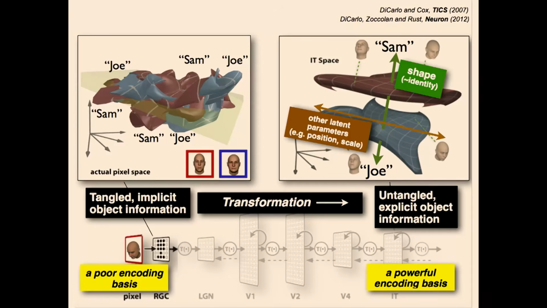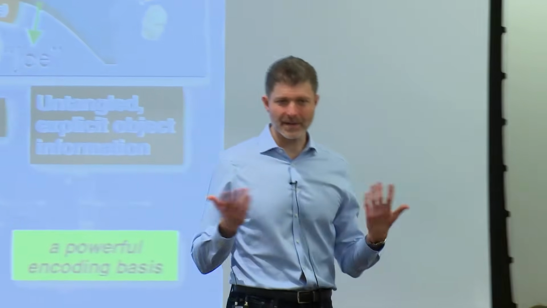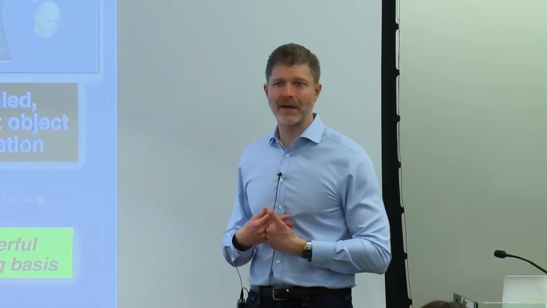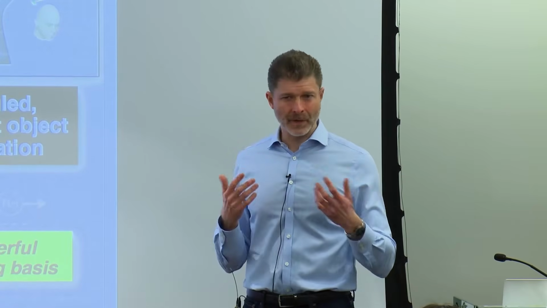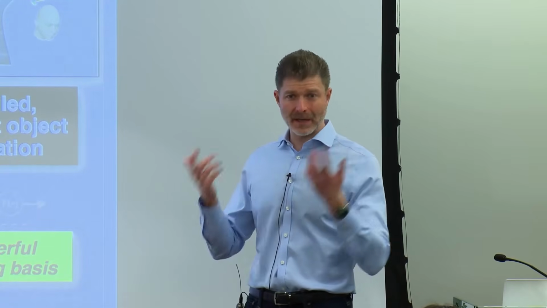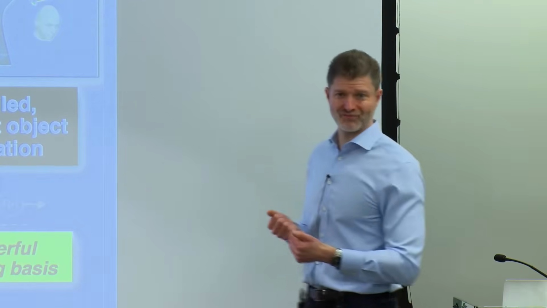So that's the idea. Now we haven't said what these transformations are, and in fact it's kind of non-obvious how to write down transformations that would do this, but we can ask whether or not this actually happens in the human or the monkey visual system.